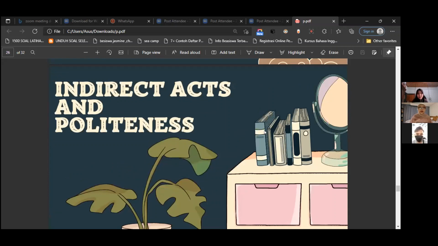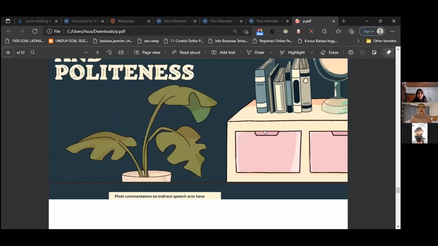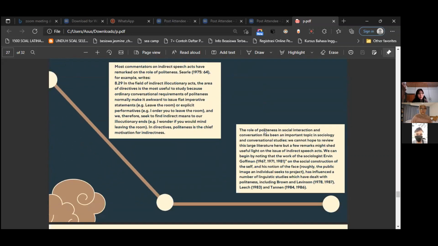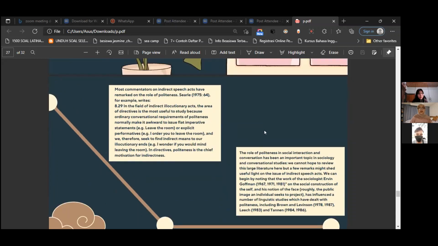Indirect acts and politeness. Most commentators on indirect speech acts have remarked on the role of politeness.